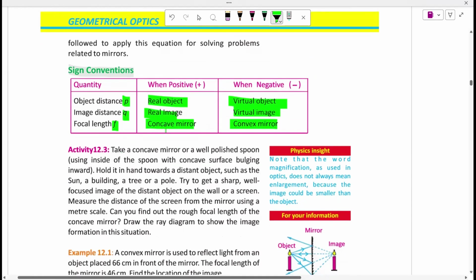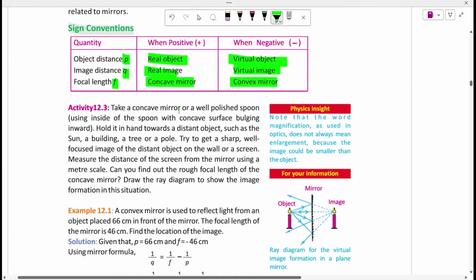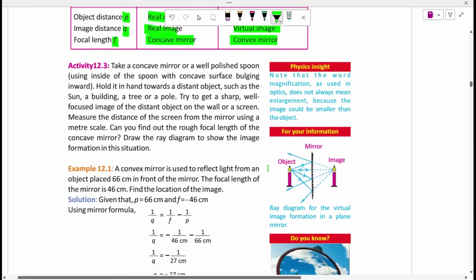Focal length of concave is positive, so उसका image real होगा. Focal length of convex lens is negative, so उसका image virtual बनेगा. And अगर हम if we are putting a negative sign anywhere, that means that it is virtual, not real. For object, for an image as well.